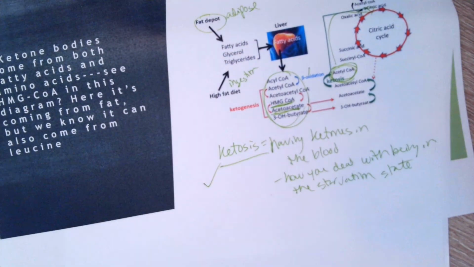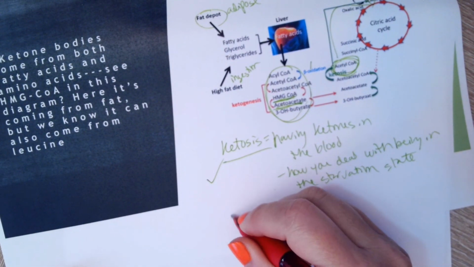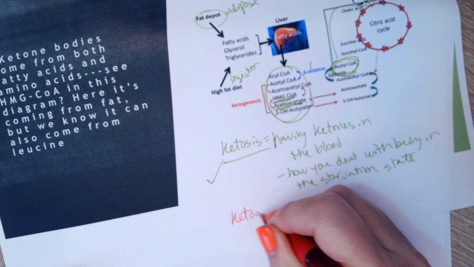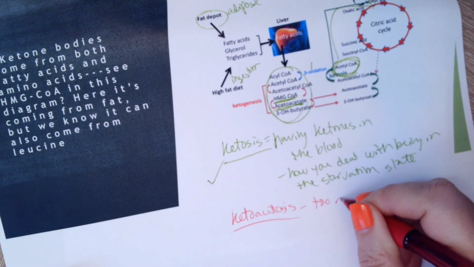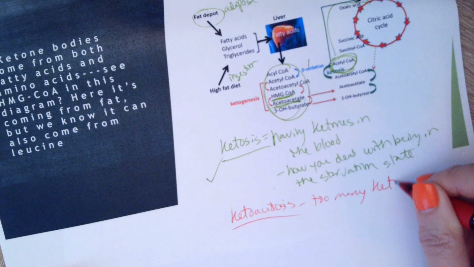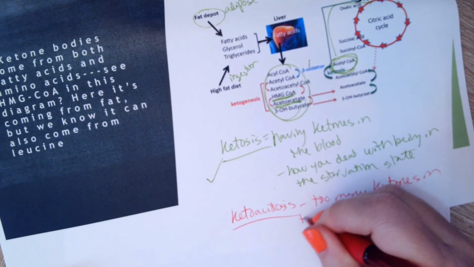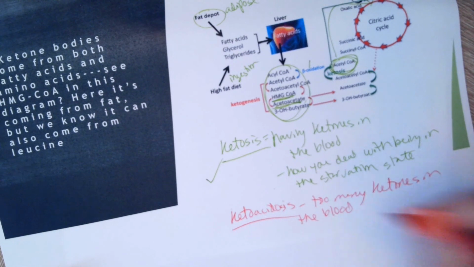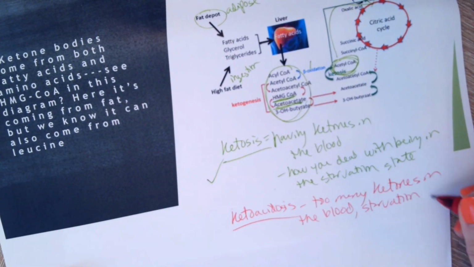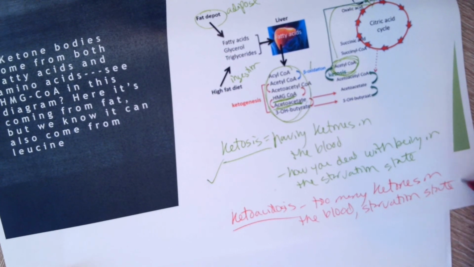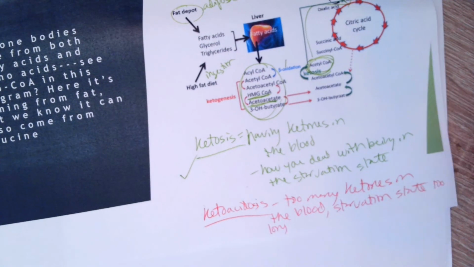Something not good is to have too much ketones in your blood, too many keto acids, and that would be ketoacidosis. This is where the keto acids are being kind of your only source of energy. So you're in the starvation state for too long, so you're breaking down your structural proteins at too high of a rate.